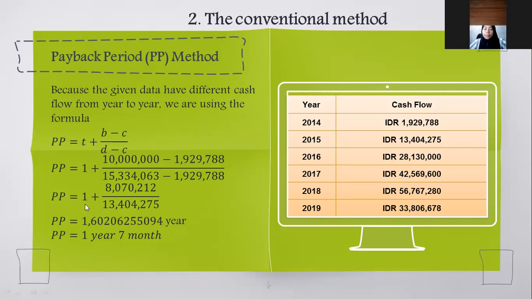Then we get PP equal 1 plus 1,070,212 over 13,404,275, and we have PP equal 1.602062555094 years. And if this result is converted into years and months, we get PP equal 1 year 7 months.